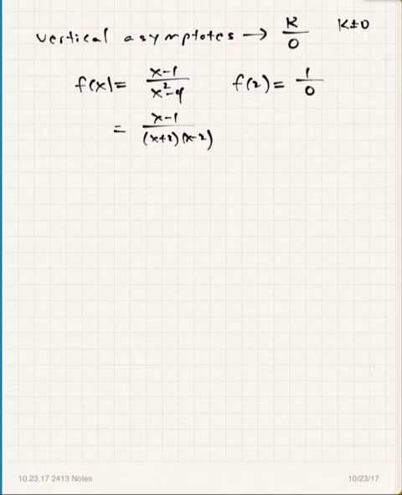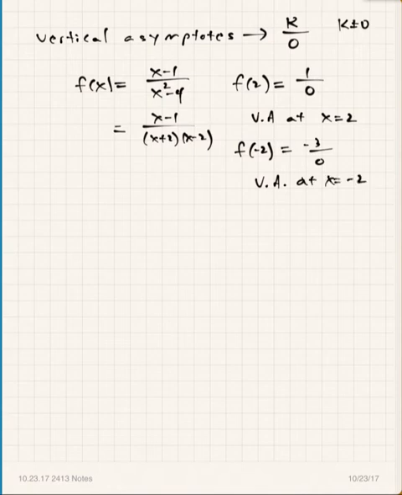And that's the situation where you get a vertical asymptote. So there's a vertical asymptote at x equals 2. f of negative 2 gives you negative 3 over 0 when you try to evaluate that. And so there's a vertical asymptote at x equals negative 2 also. All right, so you're looking at where the denominator is 0.